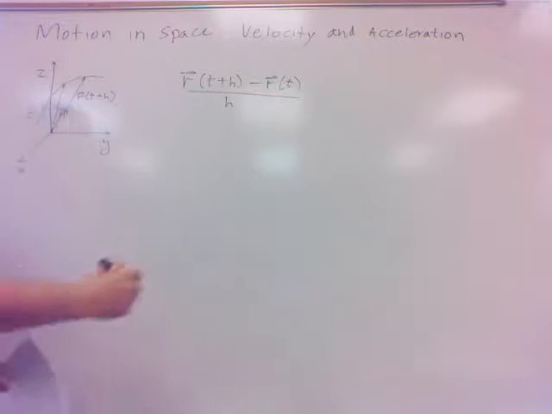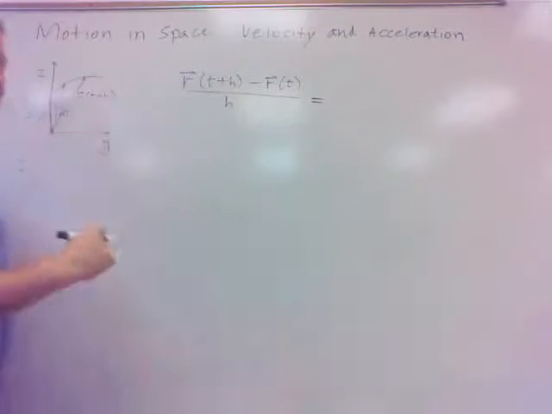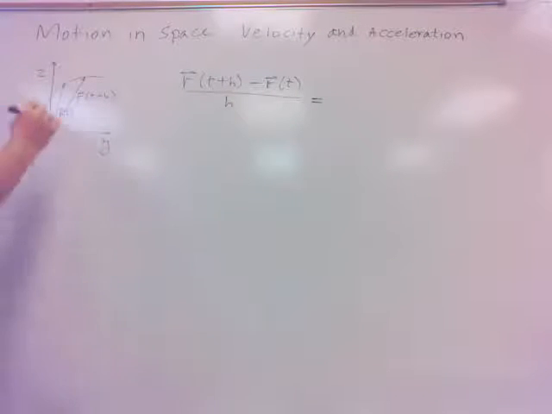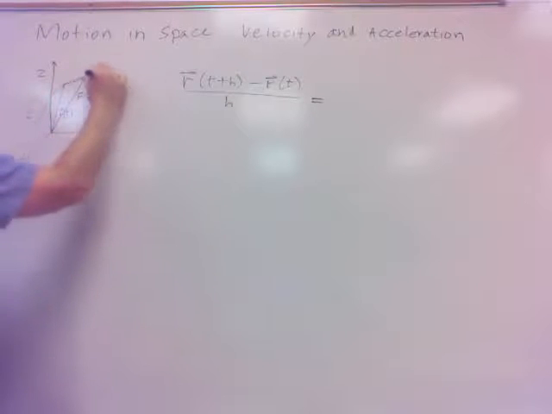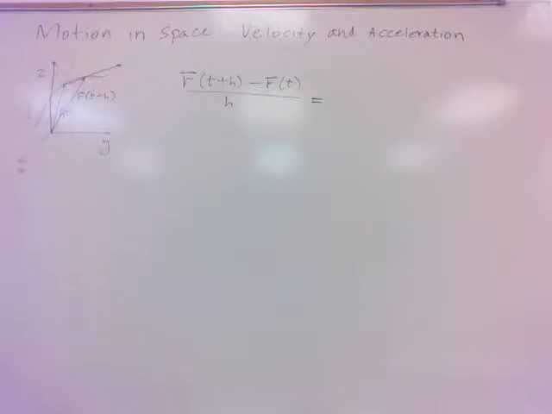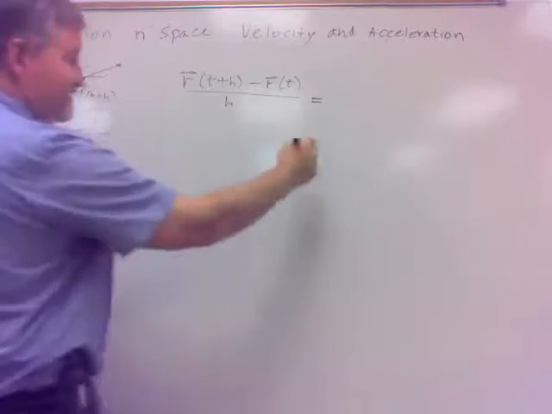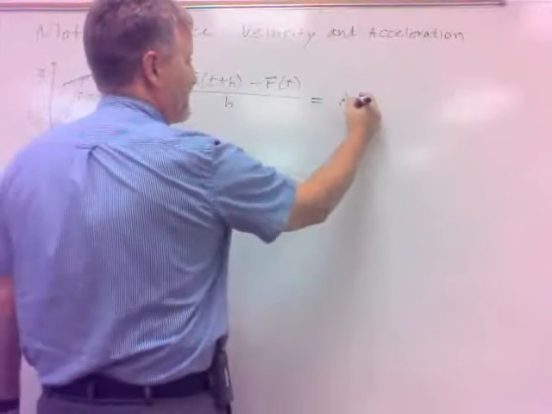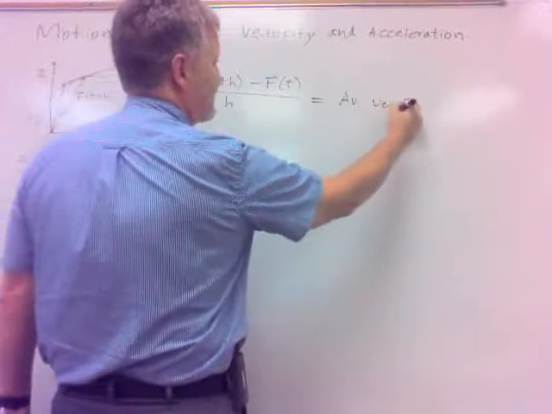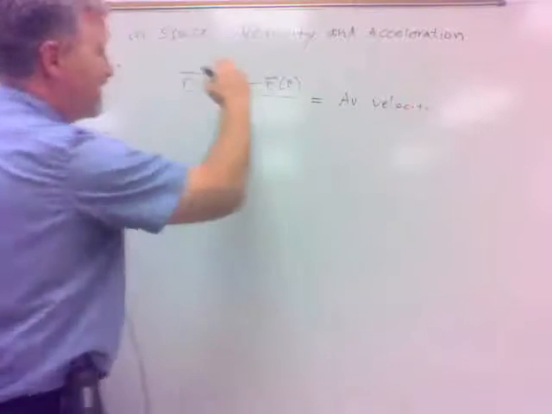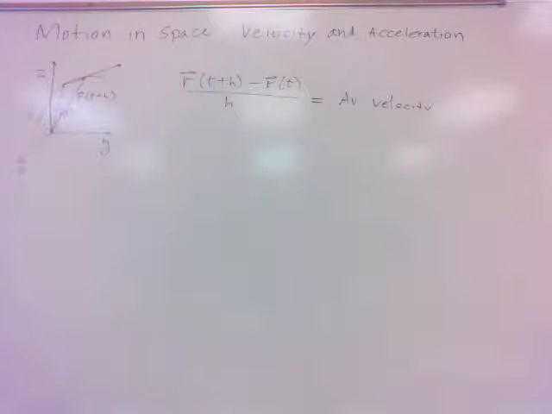Okay, which is also known as the what? Yes, it's the average velocity, right? That's the average velocity, which is the secant line between P and Q here.